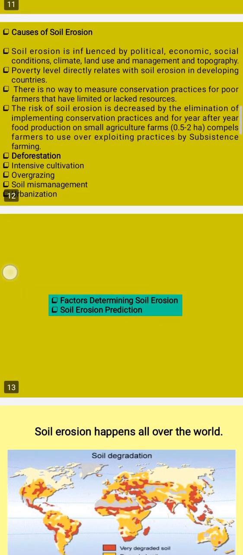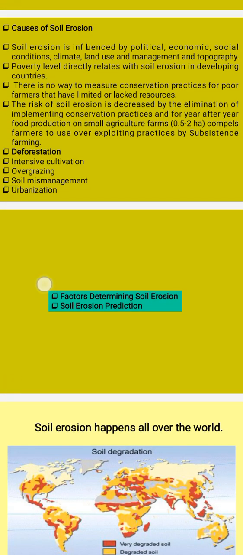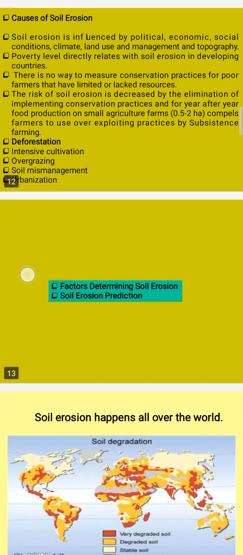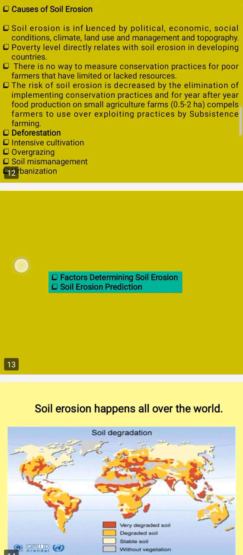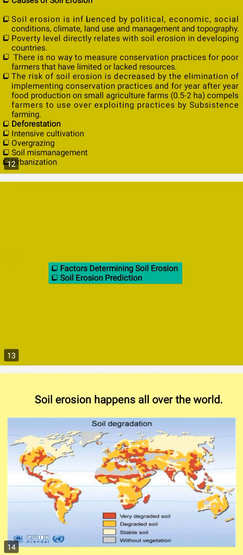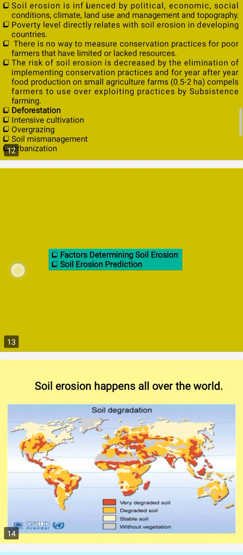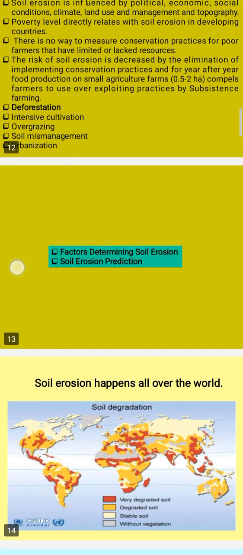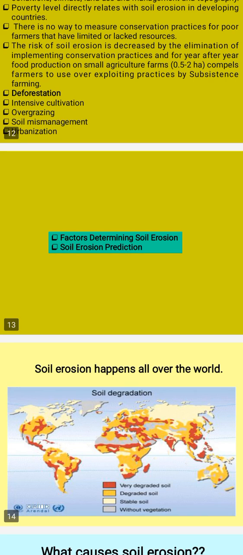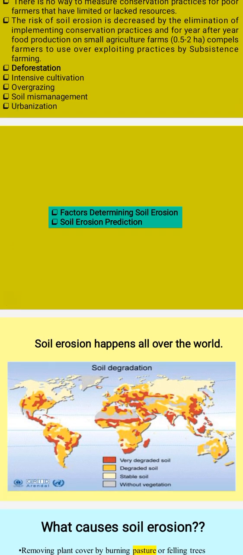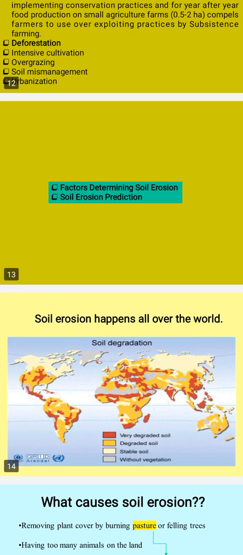The risk of soil erosion is increased by the lack of implementing conservation practices, and year after year food production on small agriculture farms of 0.5 to 2 hectares compels farmers to use over-exploiting practices like subsistence farming, deforestation, intensive cultivation, overgrazing, mismanagement, and urbanization. These are factors determining soil erosion prediction.